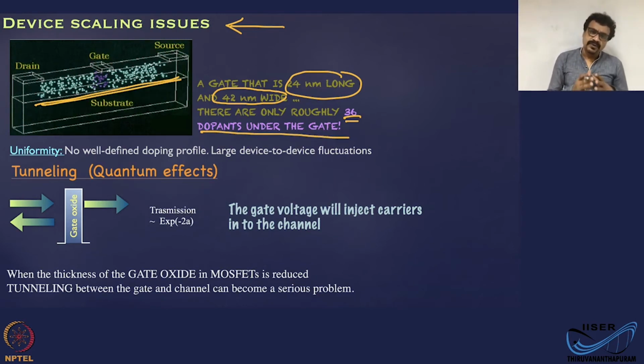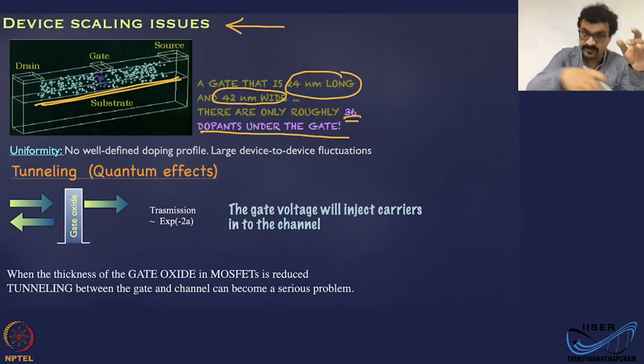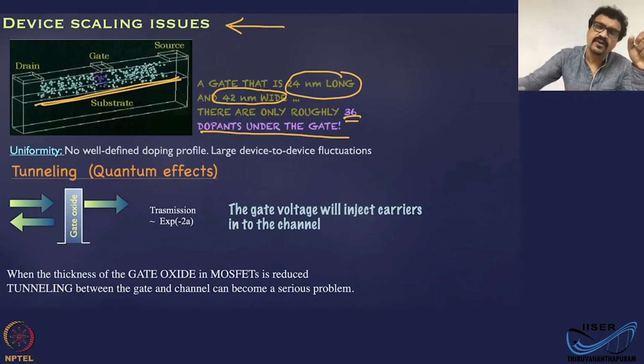Now remember that these wafers or chips consist of billions and billions of transistors, and it is not very easy to maintain uniformity over the entire area where the number of dopants is pretty much the same everywhere.